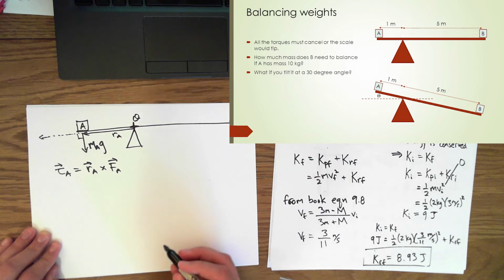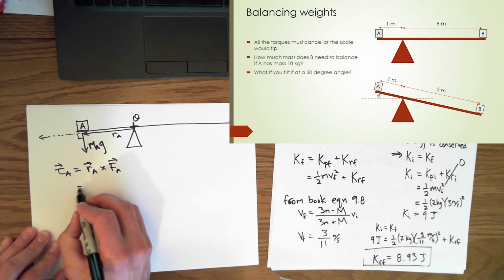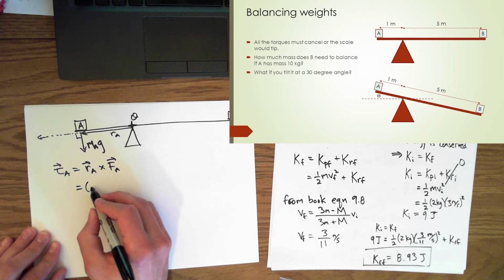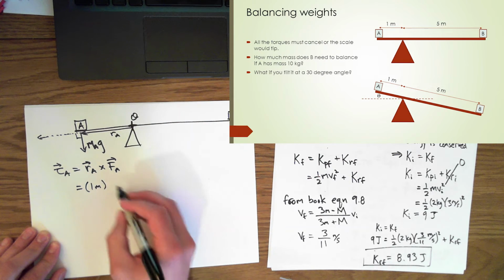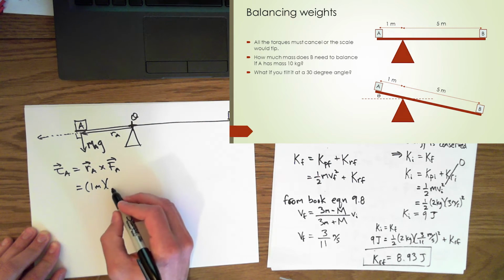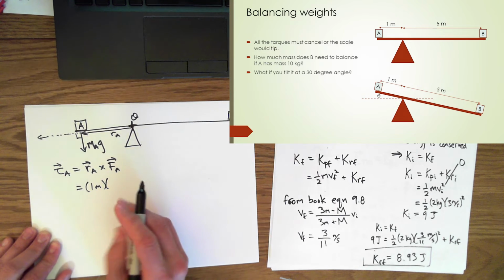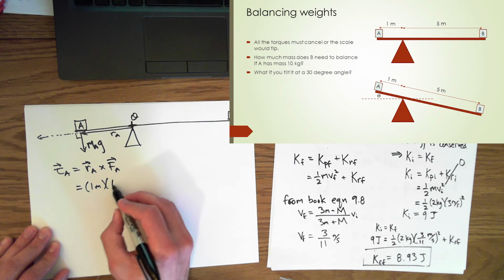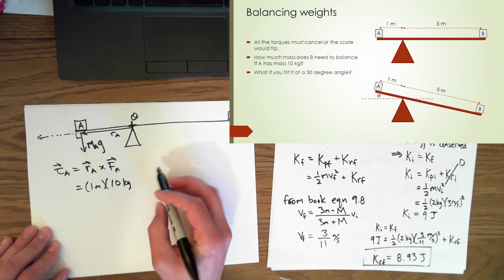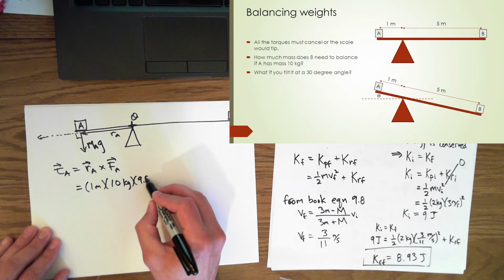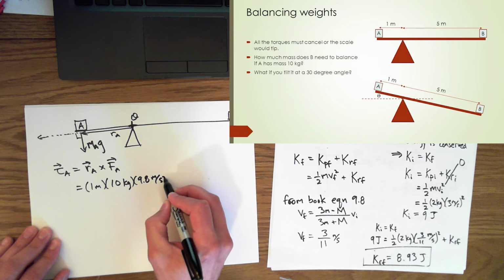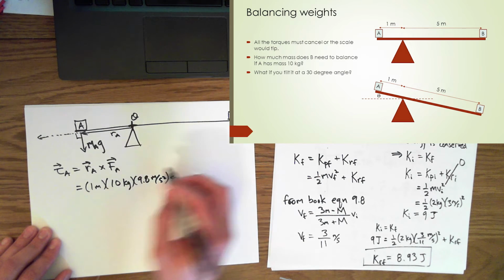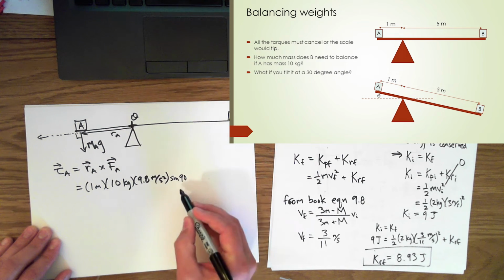So r_A cross F_A is going to be the magnitude of r_A, which is 1 meter, times the magnitude of the force, which is, I said mass A has 10 kilograms here on the slide, so it's mg, right? It's 10 kilograms times 9.8 meters per second squared, and that's then times the sine of the angle between them, 90 degrees, which is 1.